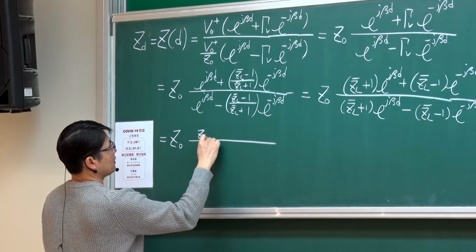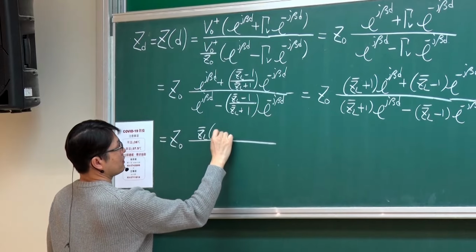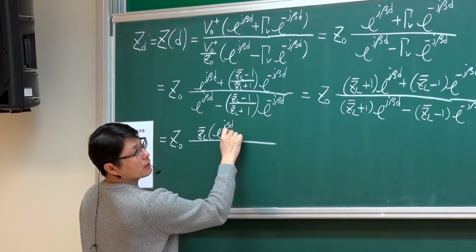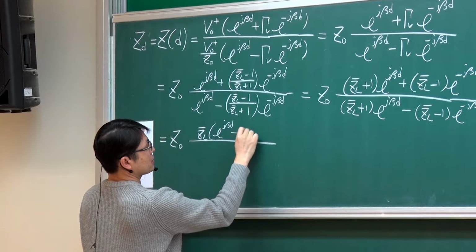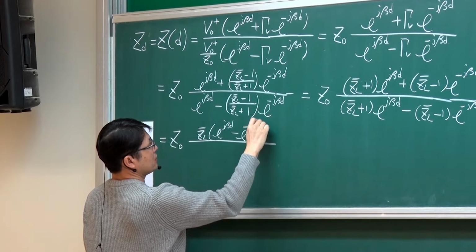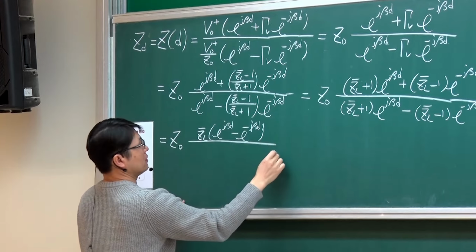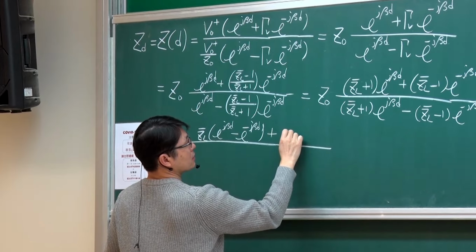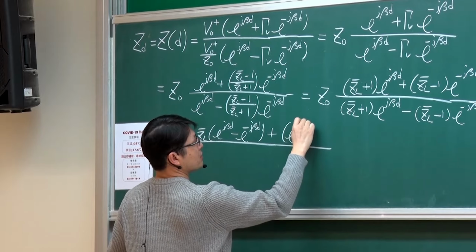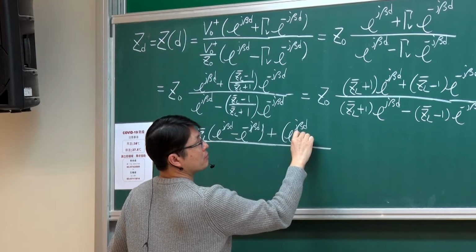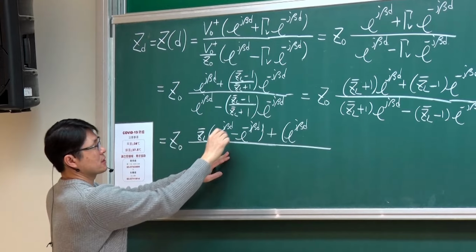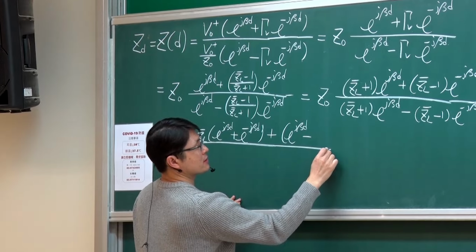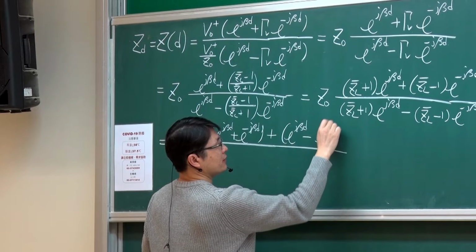So z load normalized will have e^(jβd) minus e^(-jβd), plus e^(jβd), plus, and minus e^(-jβd).